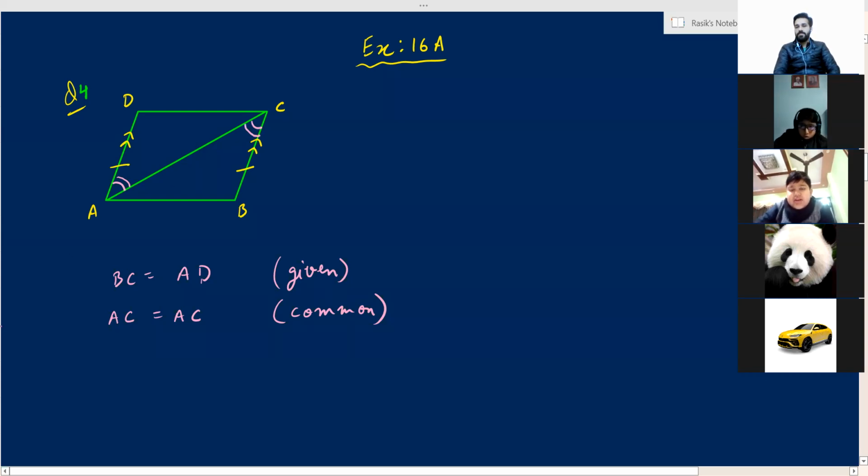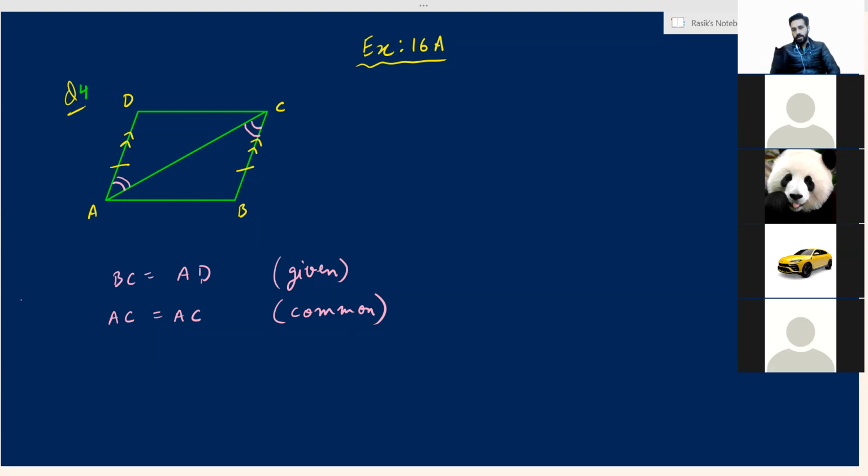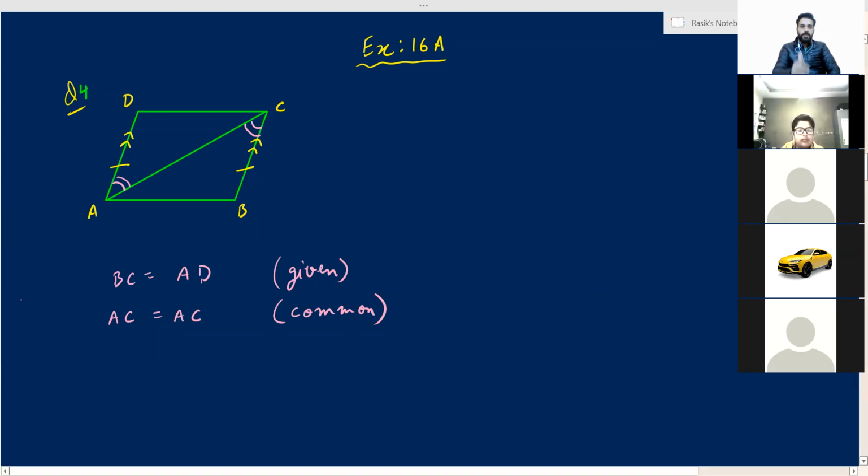These are alternate interior angles. Can you see it is forming a Z, and the two lines AD and BC are given parallel in the question. I'm not saying that they are parallel, it is given in the question. So angle DAC is equal to angle BCA.